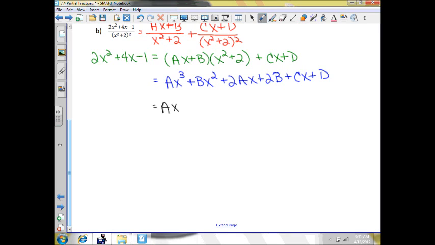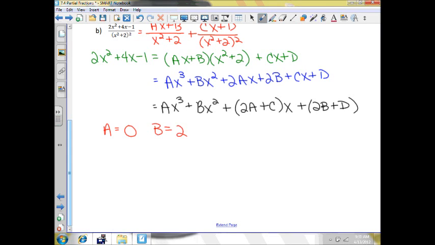So we'll have ax cubed, bx squared, 2a plus c times x, and 2b plus d. Which means a will equal 0 because there is no x cubed term.